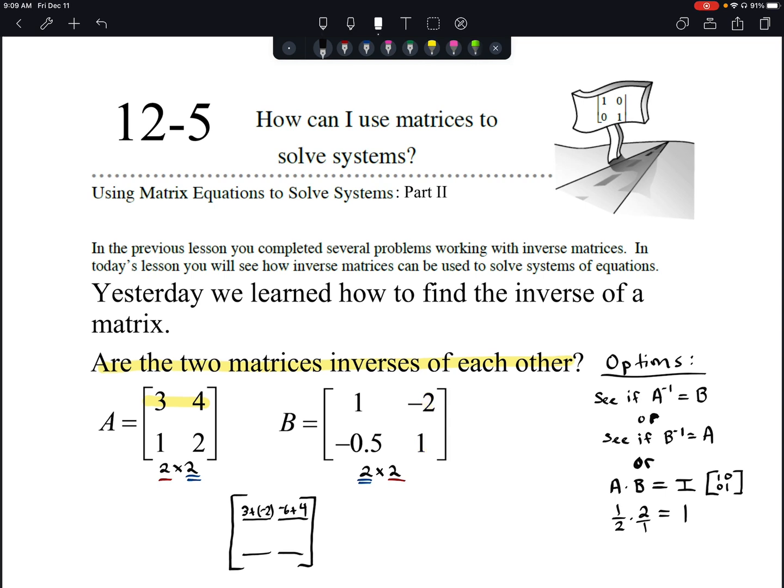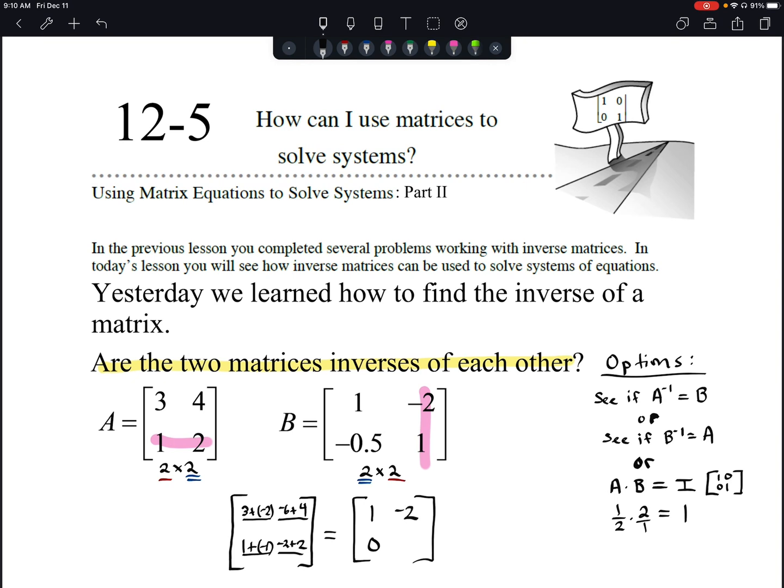Now let's go down to row 2 and column 1. 1 times 1 is 1 plus 2 times -1/2 would be -1. And then we'll do our last set, row 2 times column 2. 1 times -2 is -2, plus 2 times 1 is 2. Now let's find the simplified version of each of those. 3 plus -2 is 1. 1 plus -1 is 0. -6 plus 4 is -2.